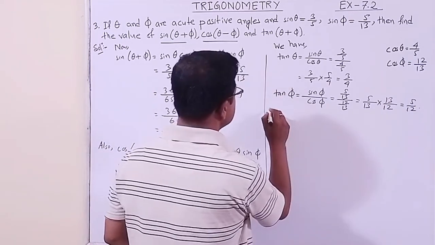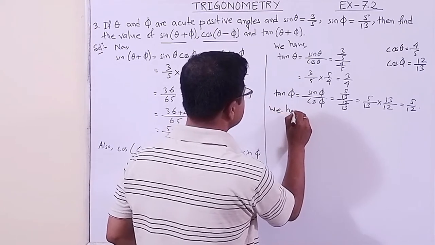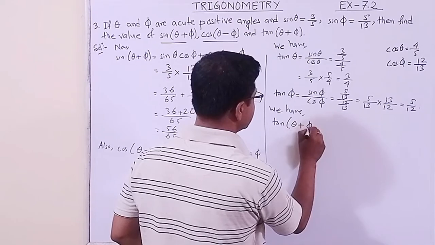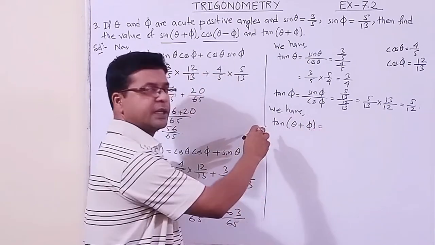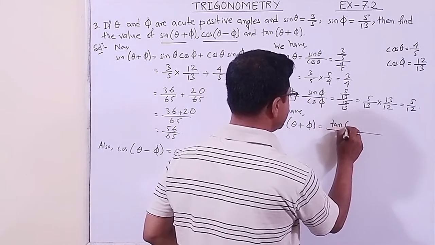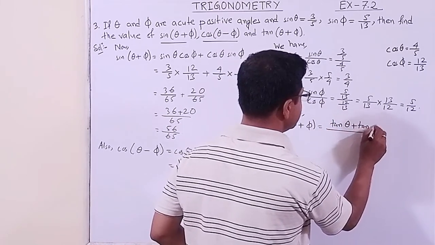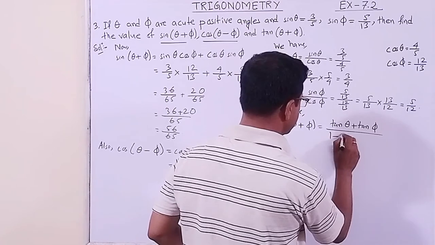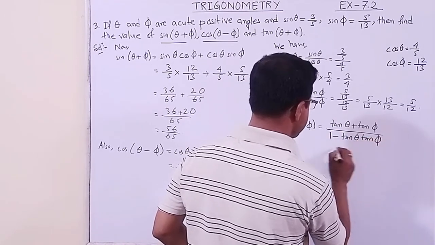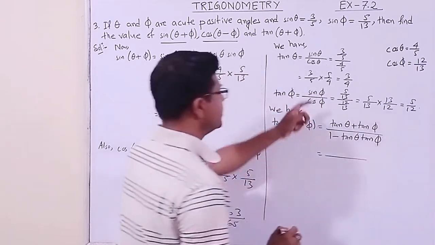Okay, now we have tan of theta plus phi, which is of the formula tan A plus B, equal to tan A plus tan B divided by 1 minus tan A into tan B. Let us substitute the value. That's why we found it earlier.